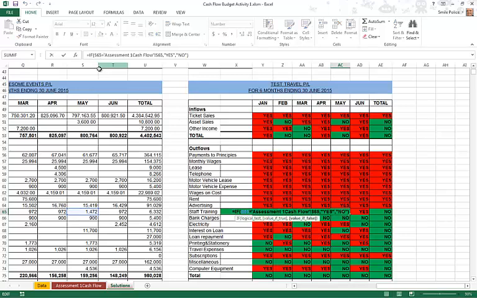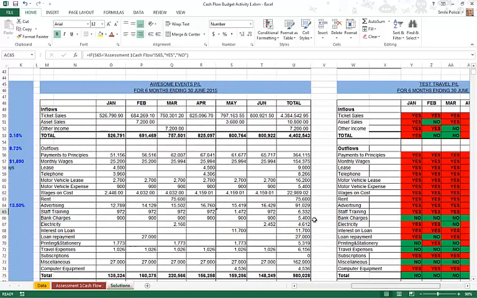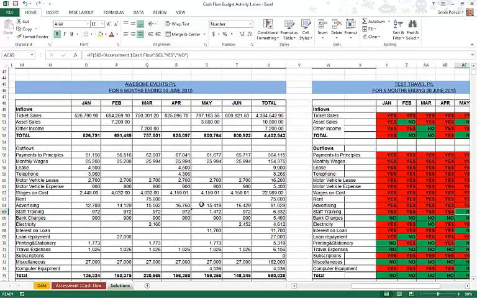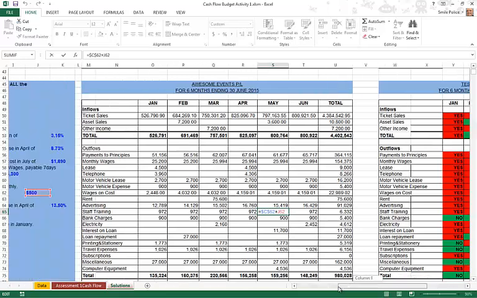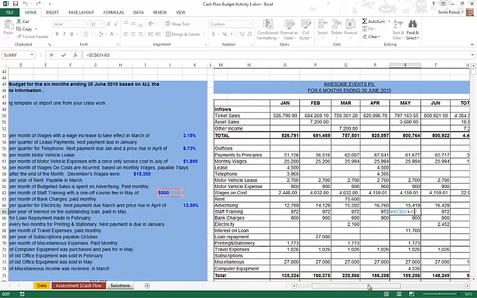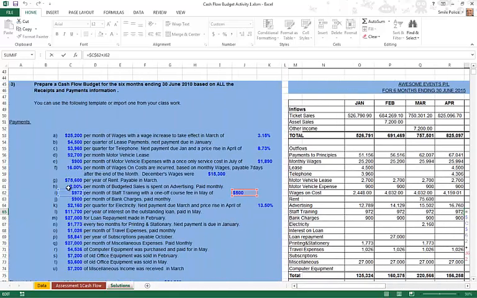So S65, I go to S65. Okay, so that's May. Oops, sorry, wrong one. So now I've got May wrong, so I come over here, May in staff training, and I think, okay, so it's C62 plus J62.